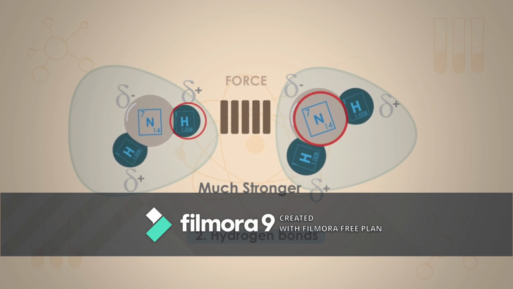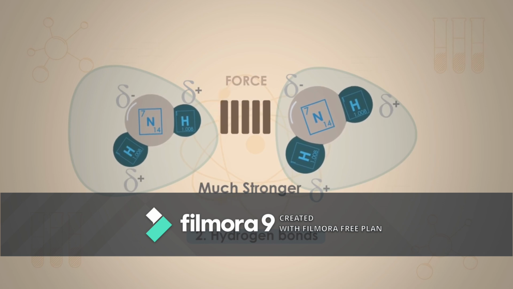This particular type of dipole-dipole attraction between the electron-deficient H delta positive of one molecule and the lone pair of electrons on a fluorine, oxygen or nitrogen atom of another molecule is given the special name of a hydrogen bond.